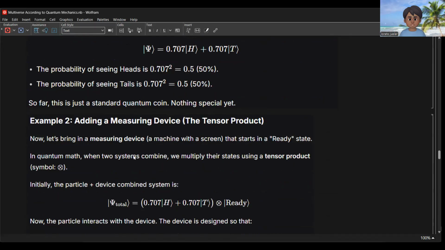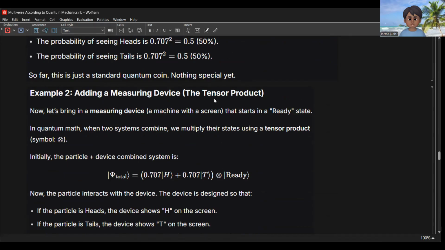So example number 2, measuring device, the tensor product. Now let's bring in a measuring device, a machine with a screen that starts in a ready state. In quantum math, when two systems combine, you multiply their states using a tensor product.